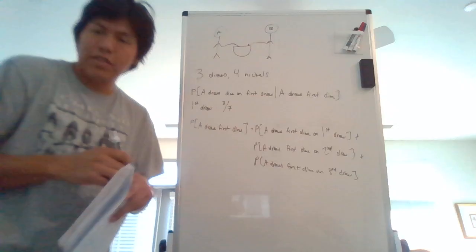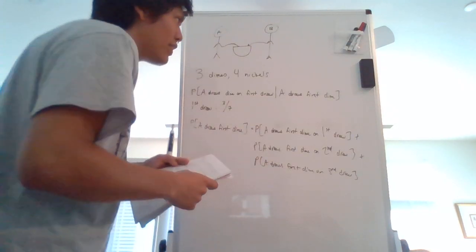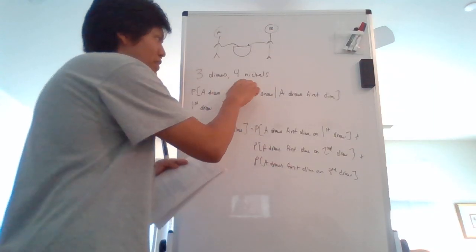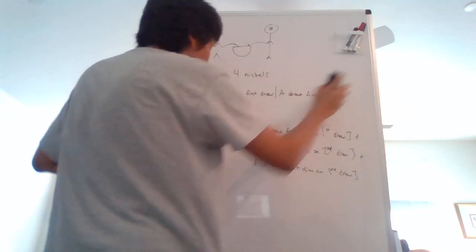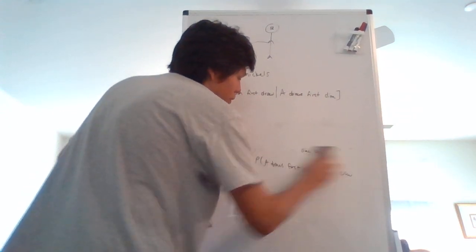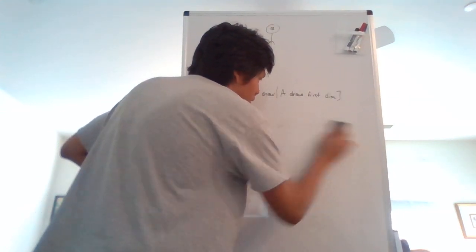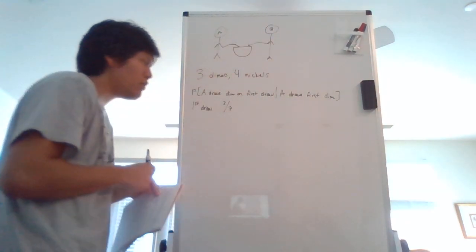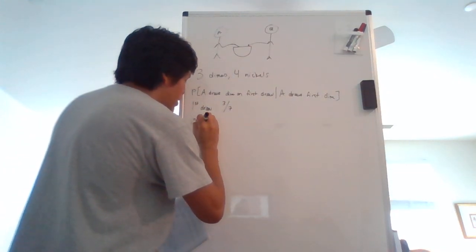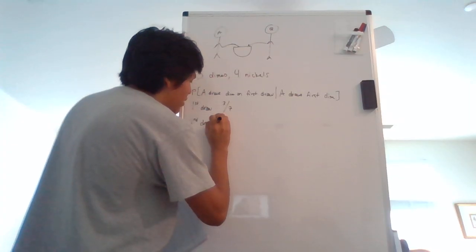All right, so in order to do that, we're going to be eliminating coins from the purse. Okay, so let's say that it happened on A's second draw. They drew a dime on their second draw.